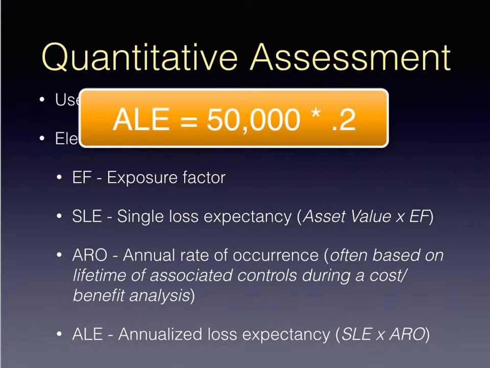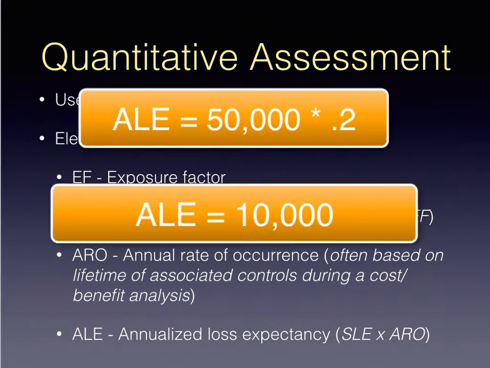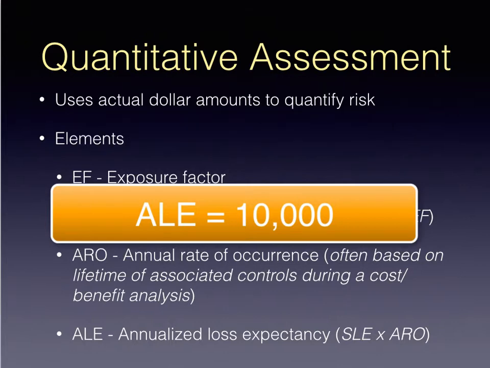We said that the annual rate of occurrence was 0.20, which is 1/5. So if we multiply the single loss expectancy times the annual rate of occurrence, we end up with $10,000. So if we use this method, the quantitative assessment method, we're saying that the risk associated with the threats and vulnerabilities that we found during the risk assessment would cost the business $10,000 a year.